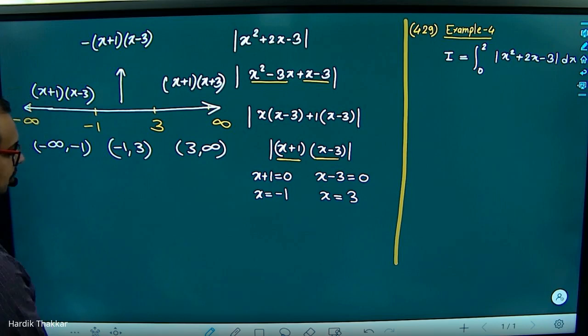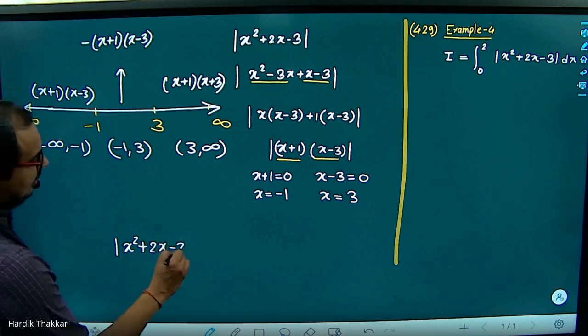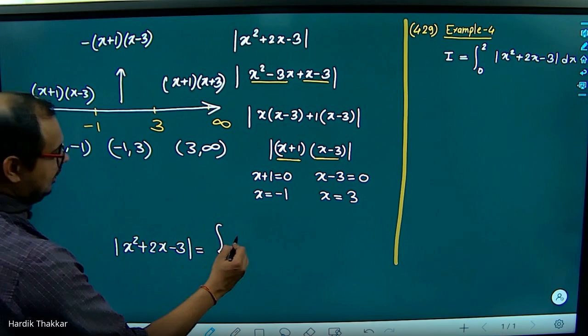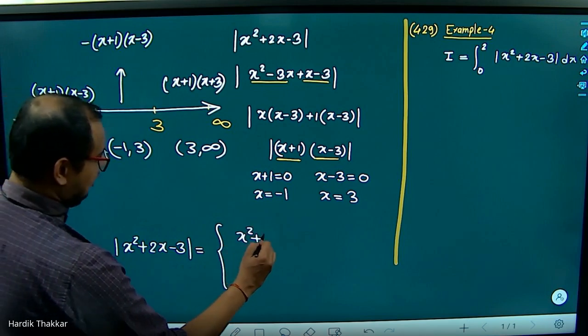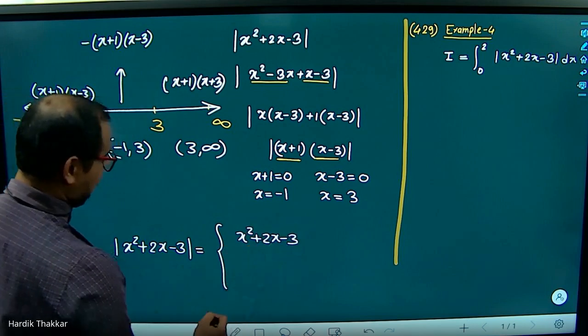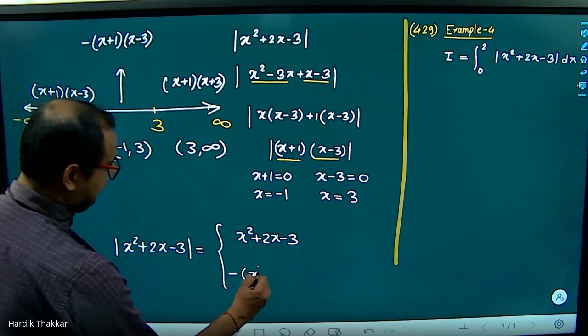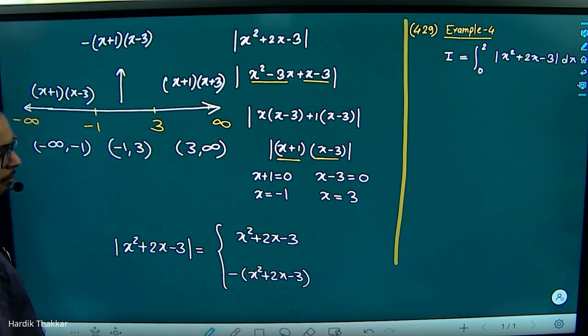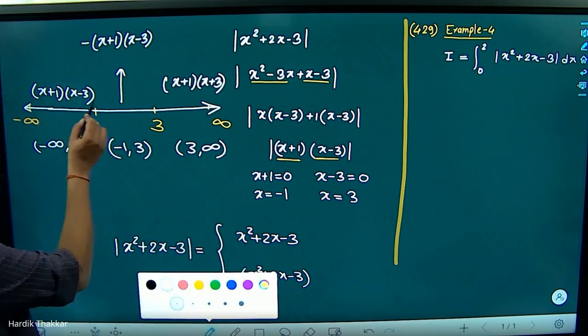So what we can write here is that mod of x square plus 2x minus 3 will have either a positive value, that is x square plus 2x minus 3, or a negative value, minus of x square plus 2x minus 3, based on the interval. In which intervals do we get the same function?